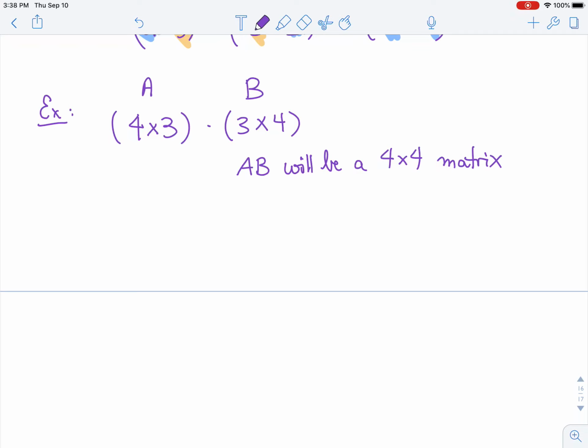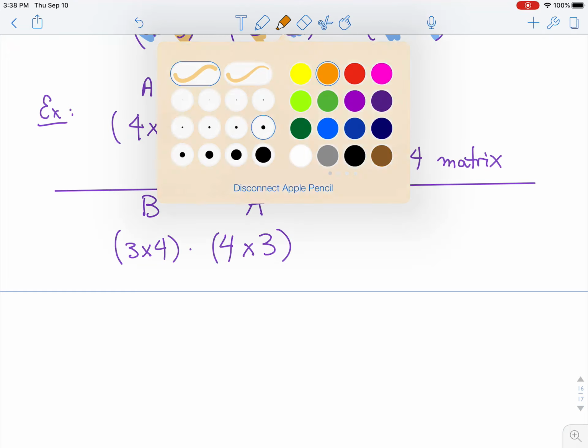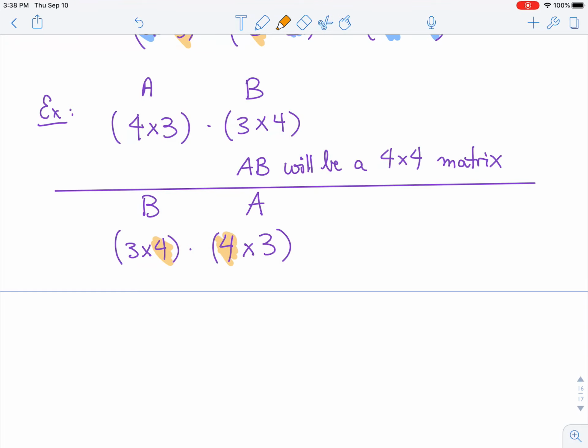Right? Now, what happens if we do it in the opposite order? Let's take those same two matrices, B and A, but multiply them in the opposite order. B was a 3 by 4 matrix, and A was a 4 by 3 matrix. Let's check if it's defined. It's defined because these middle numbers are equal. And the outer numbers tell us about the answer. So B times A is, oh my goodness, a 3 by 3 matrix.